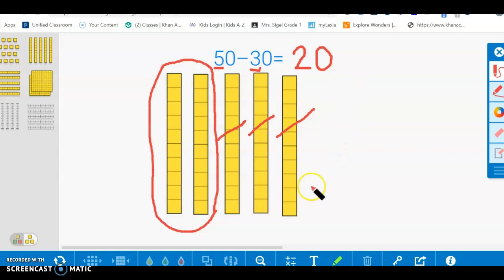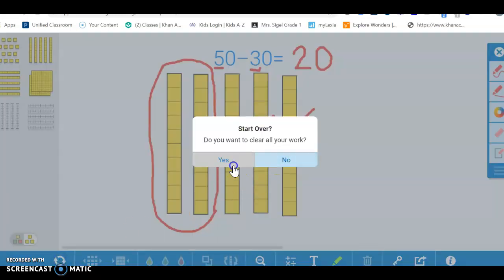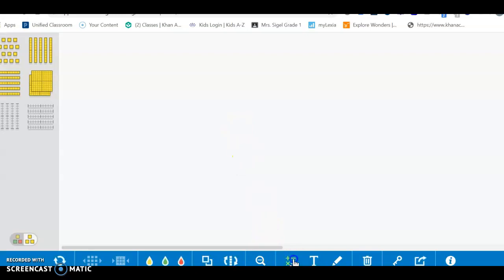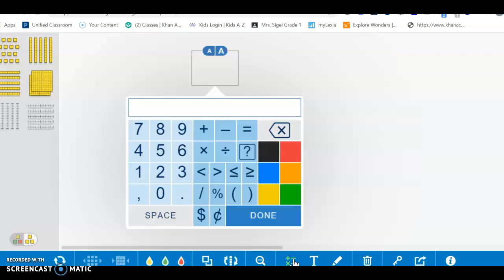Okay, let's try another one. Let's try 60 minus 30.